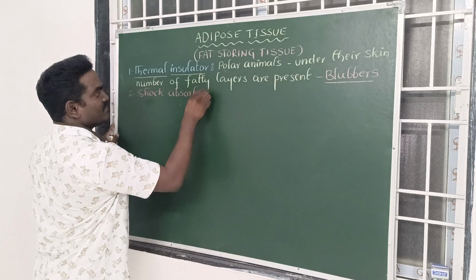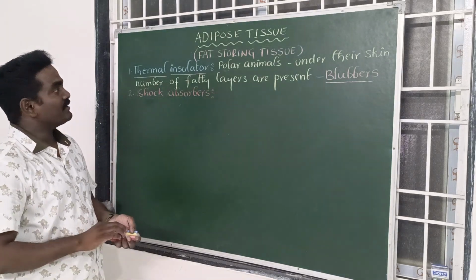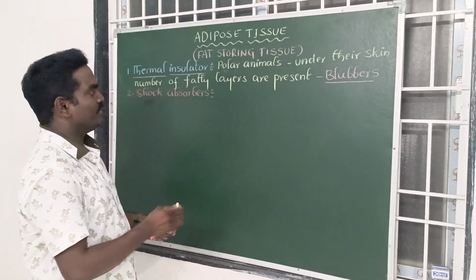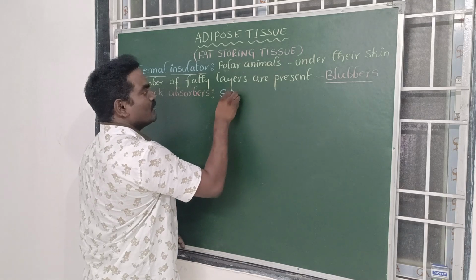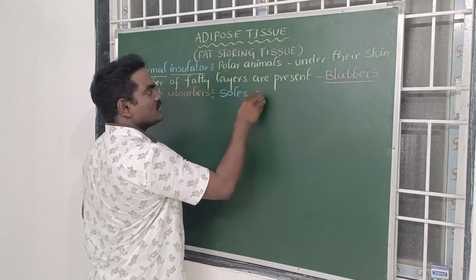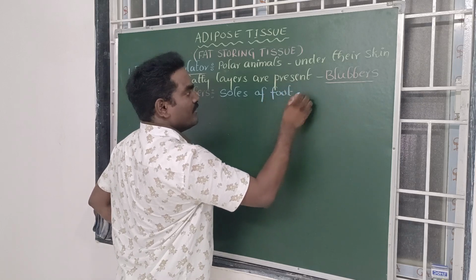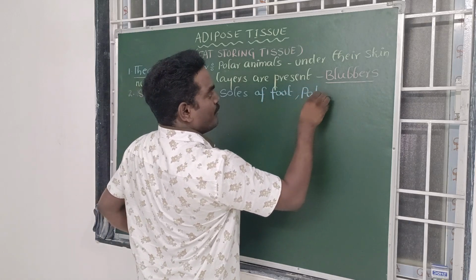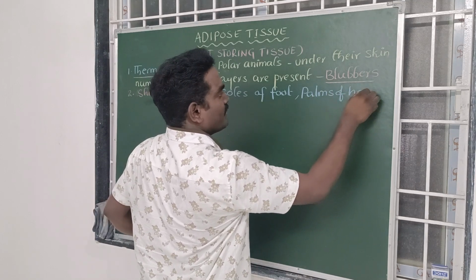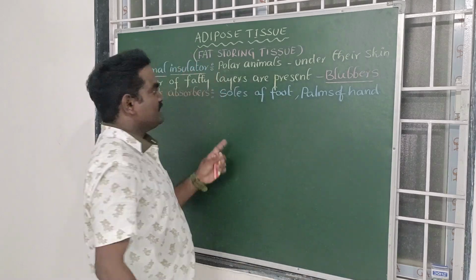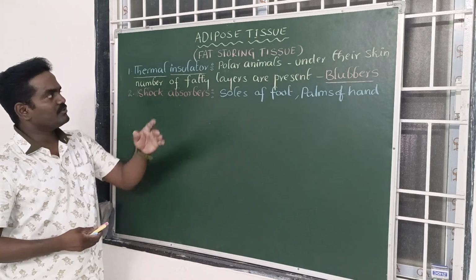This shock absorber type of adipose tissue we notice in the soles of the feet and palms of the hand. These are the regions which are usually associated with this adipose tissue.